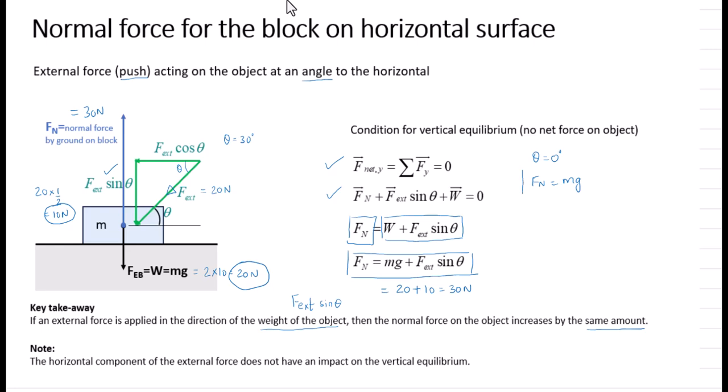What we are essentially saying is that there is no impact of the forces which are acting in the horizontal direction. There may be a net force in the horizontal direction, or there may not be. But as far as the vertical direction is concerned, in case of theta equal to 0 degree, Fn will always be equal to mg.